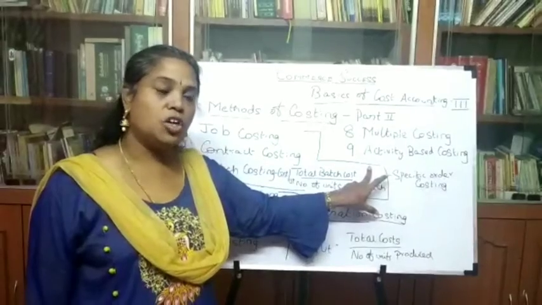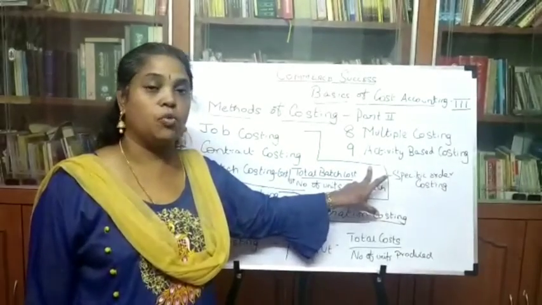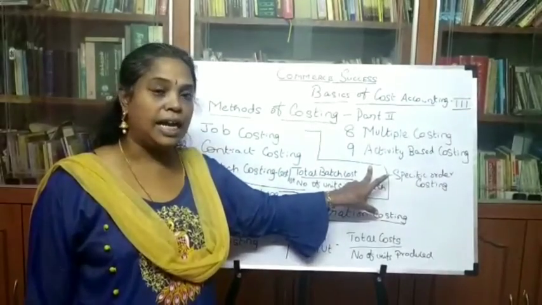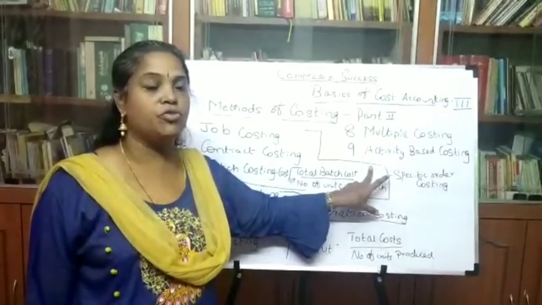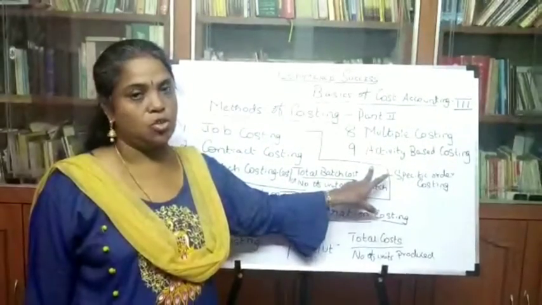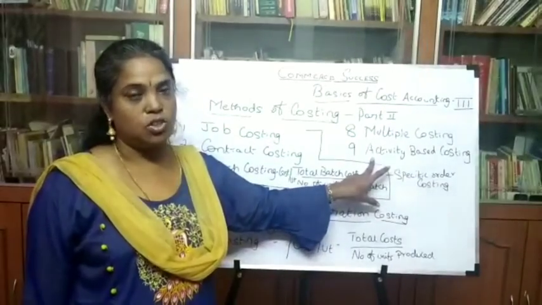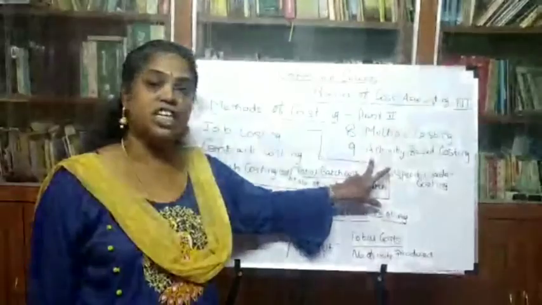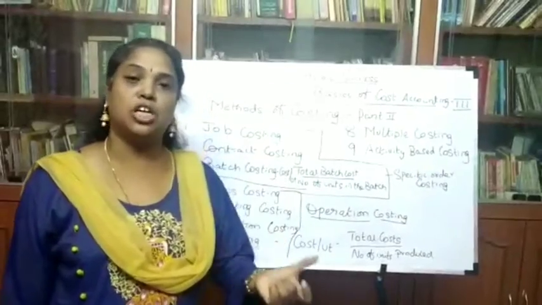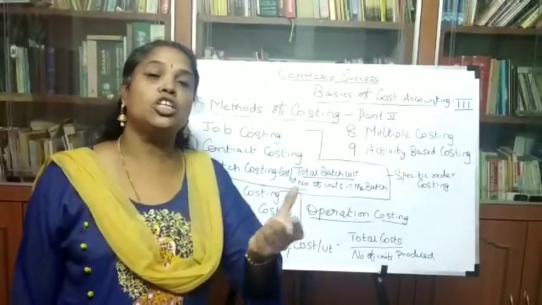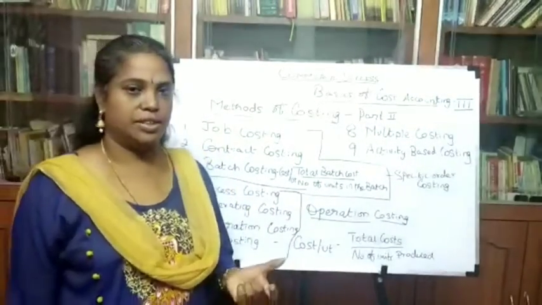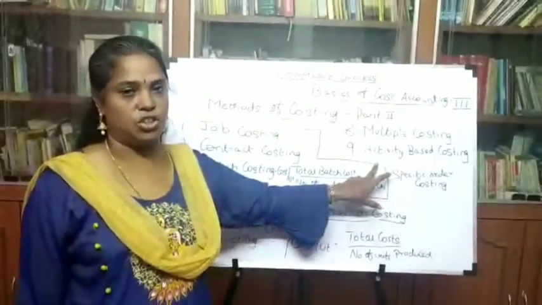Activities are the cost drivers. What it means is, the activities are the main factors for incurring certain costs. Certain activities are common to certain products. So in the final stage, the products will absorb the cost based on the usage of these activities. So this is activity based costing.